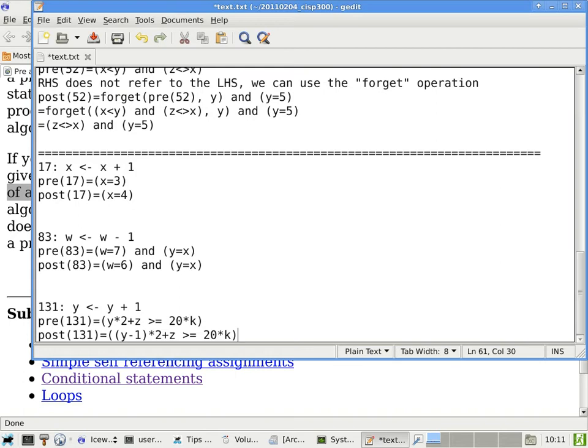The same y as the one before line 131. What did I know about y, z, and k before line 131? I know this is true, right? So if I undo what I did on line 131 by subtracting 1 from the y after the statement, I get back the same value as before, and as a result, the relationship is maintained.